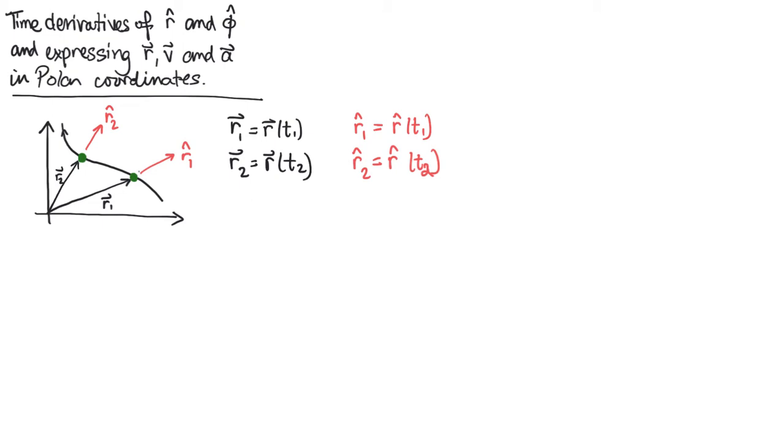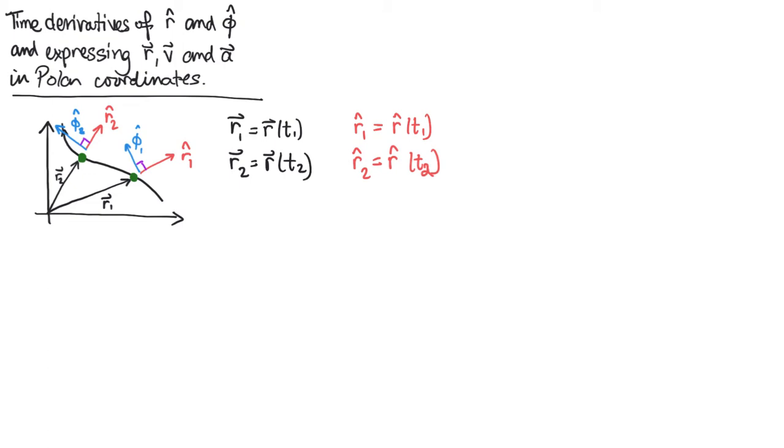We've also pointed out that there's a second unit vector because we're talking about two-dimensional coordinates, and we call that phi hat. And phi hat and r hat are perpendicular to each other. We can write it as phi hat 1, which is the phi hat unit vector at t1, and then phi hat 2, the phi hat unit vector at time t2.